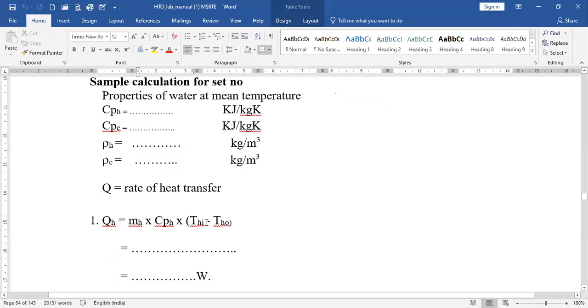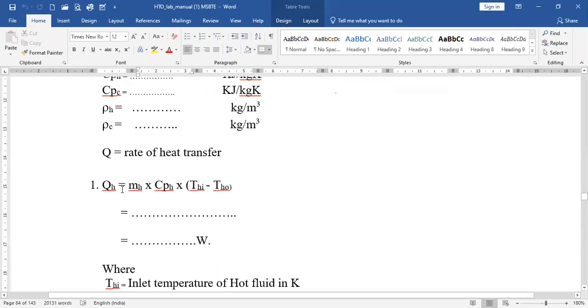Then the rate of heat transfer, that is Q. If it is not known, then we can calculate this rate of heat transfer with the help of the basic formula, that is mCp delta T. So for the hot fluid, mH is the mass flow rate of hot fluid in kg per second, Cph is the specific heat of hot fluid, and Thi minus Tho is the range.